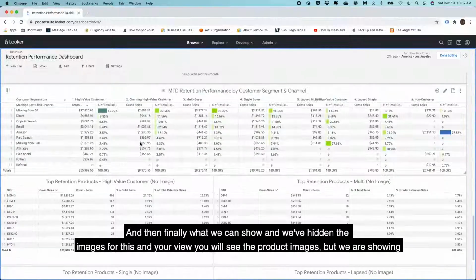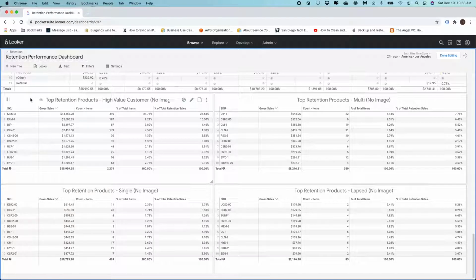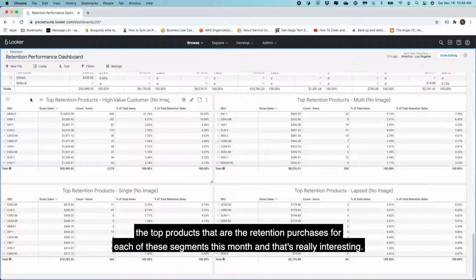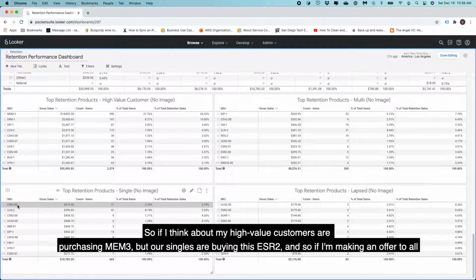And then finally, what we can show, and we've hidden the images for this in your view, you will see the product images, but we are showing the top products that are the retention purchases for each of these segments this month. And that's really interesting. So if I think about my high value customers, they are purchasing MEM3, but our singles are buying this ESR2.